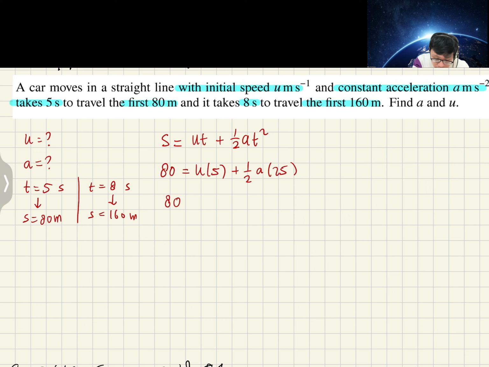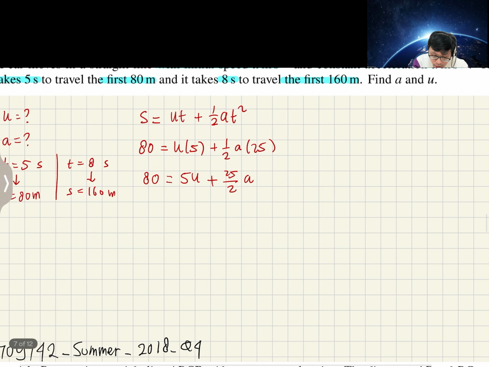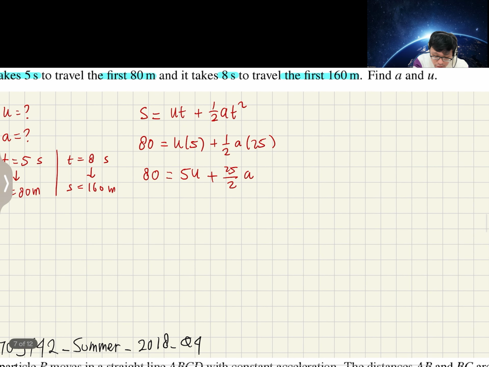So here we get 80 equals 5U plus 25A over 2. To make it simple, maybe you want to multiply by 2 to eliminate the fraction. We get 160 equals 10U plus 25A.